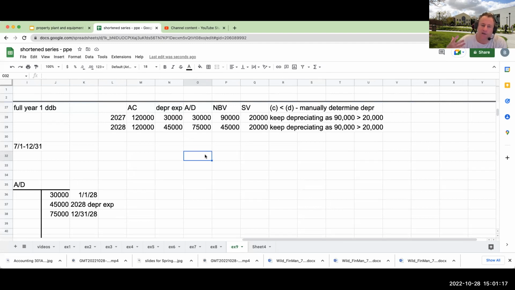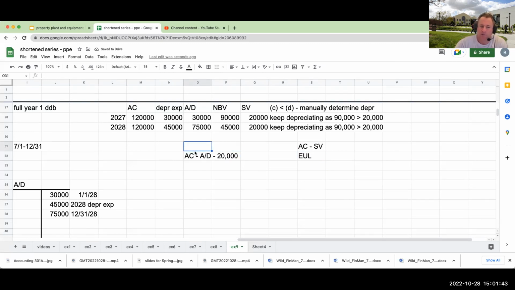Well, what's my depreciable base? This is going to be my acquisition cost minus the accumulated depreciation, which gives me my carrying value or net book value, minus the salvage value, because I'm now switching to straight line. Remember, straight line is acquisition cost minus salvage value divided by the estimated useful life.